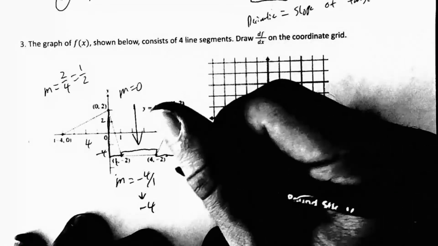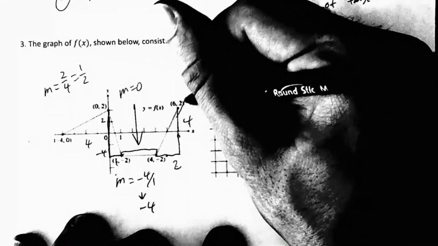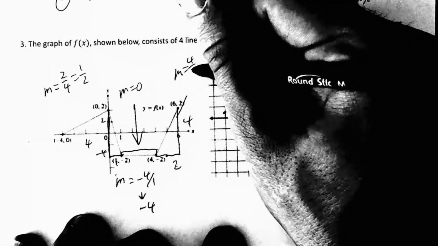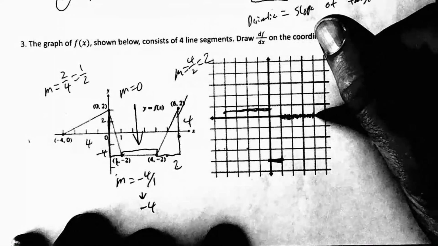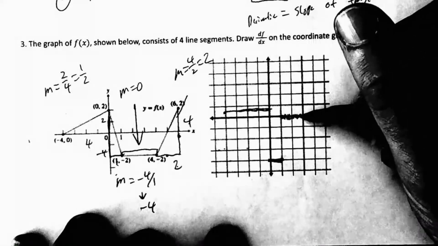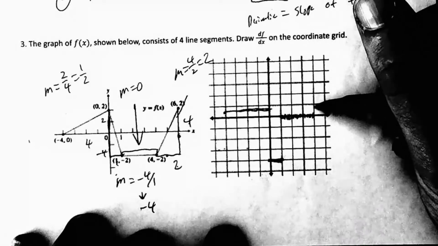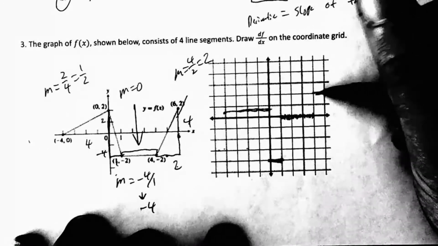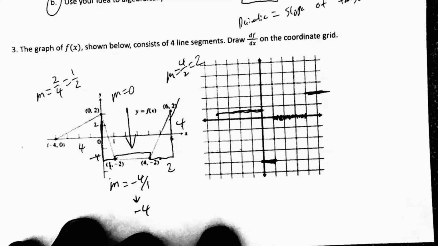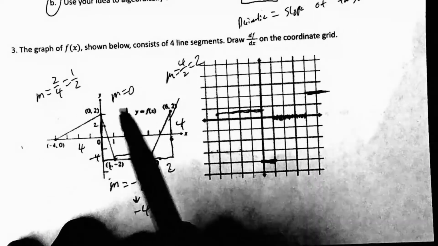So again, up 4 over 2. So m would be 4 over 2, which is 2. So I'll jump up to 2 from 4 to 6. So it would look like this derivative. Okay. So you look here, what's the slope at those points? That's the derivative.